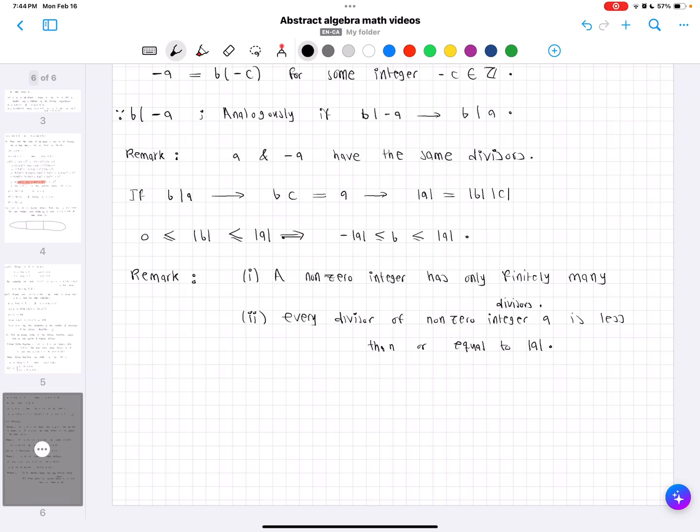So you can connect two numbers together by the concept of the greatest common divisor, by asking yourself: I want the greatest factor that divides both numbers.